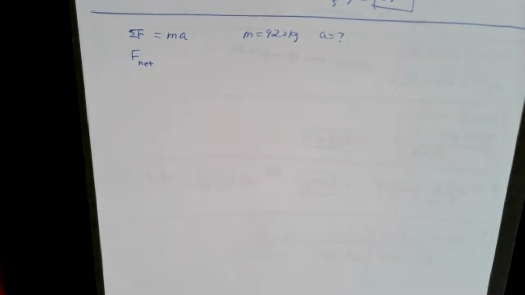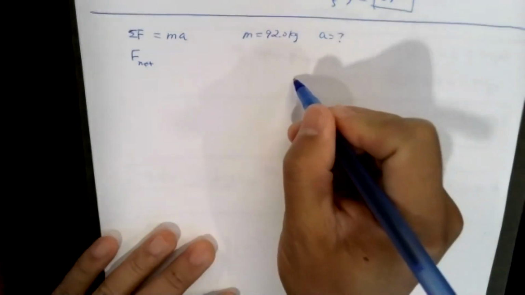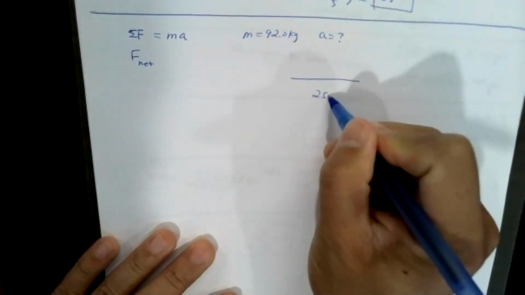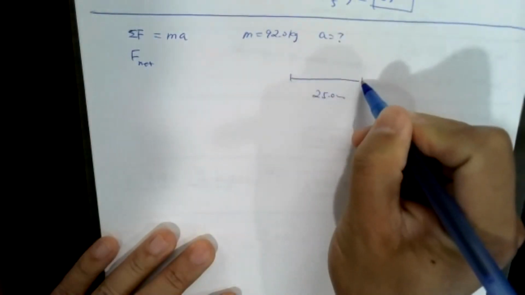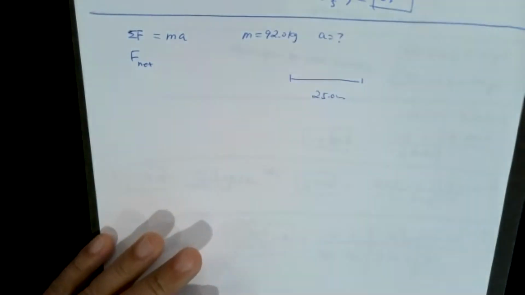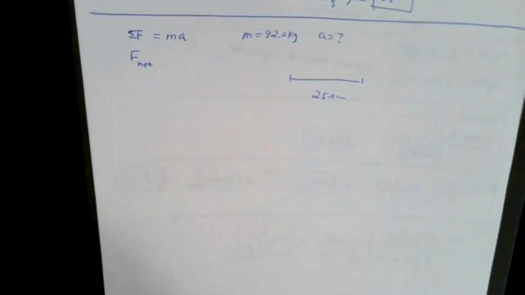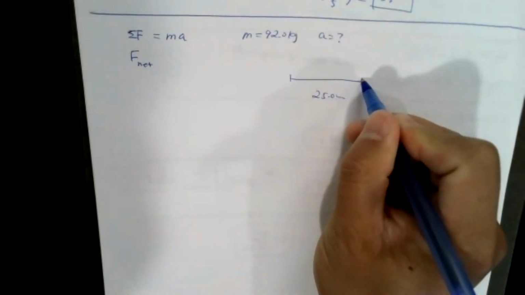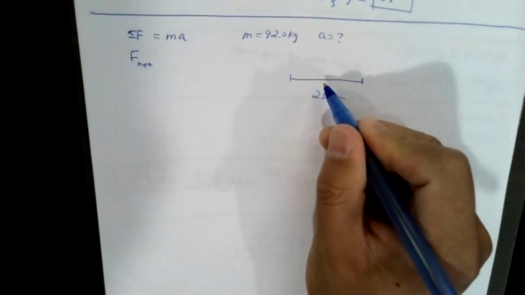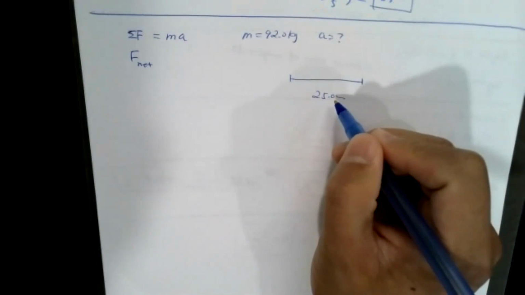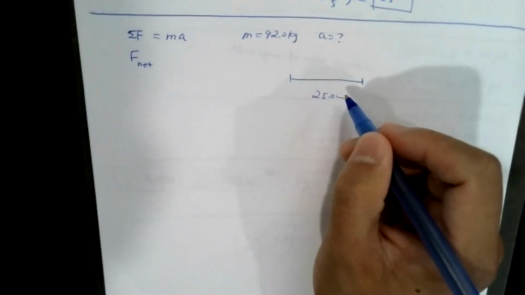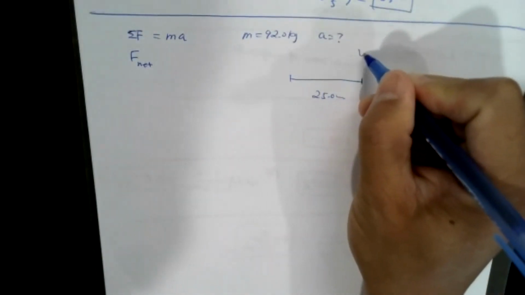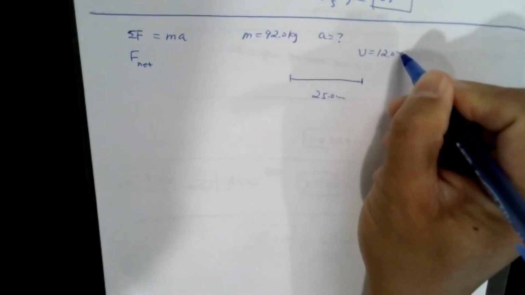Now it says the distance it traveled is 25 meters. It's been pulled by the net force there, and after traveling 25 meters, it has a velocity of 12.0 meters per second.